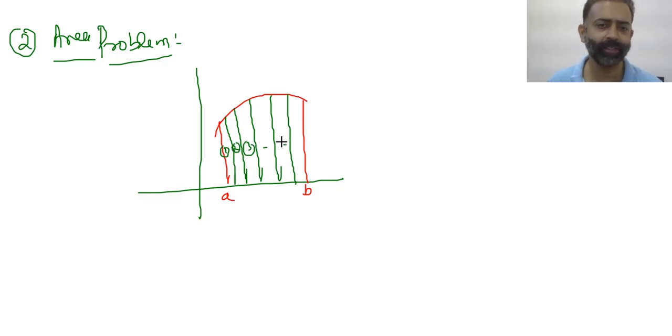And they were just adding the area of these rectangles. But as you can see, this rectangle is not exact. If you actually draw the rectangle, you can find this type of error will always be there. So you cannot find the exact value of the area, right?